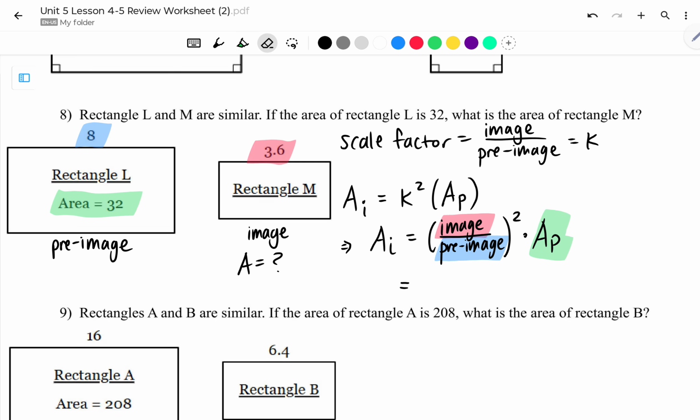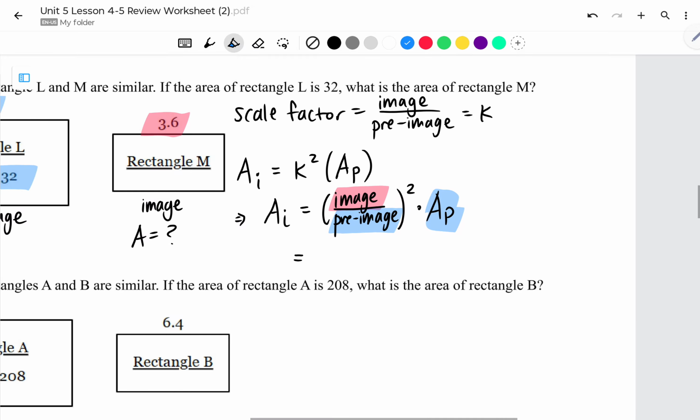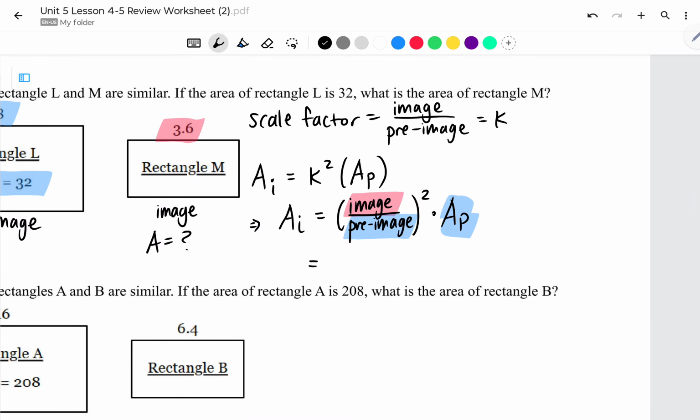Okay. Actually, I don't want to use green. I'm going to use the same color. And I know the area is 32. So let's plug that in. 3.6 divided by 8 squared times 32.